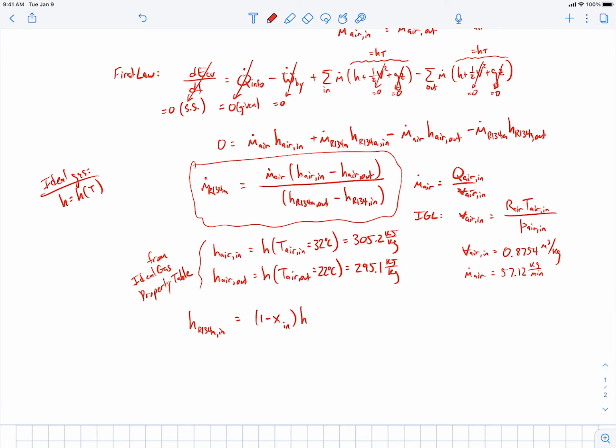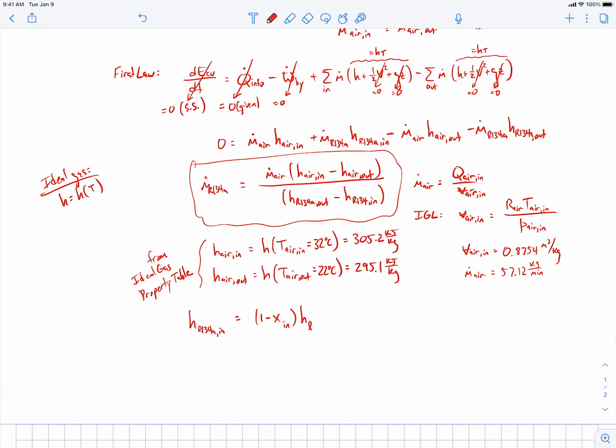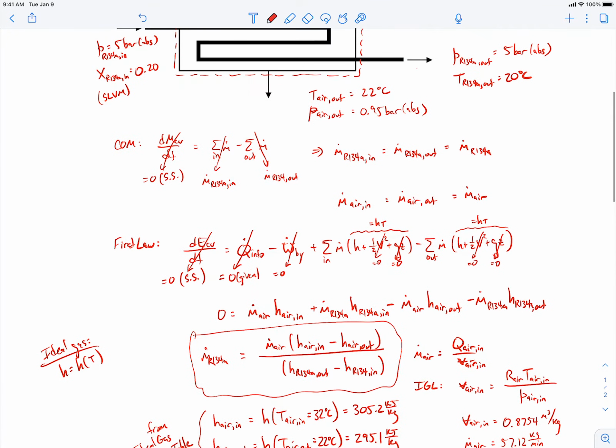That times the specific enthalpy of the saturated liquid at the inlet, plus the quality at the inlet times the specific enthalpy for the saturated vapor at the inlet. And again, these quantities will come from the saturated liquid vapor mixture table for R134A at the inlet pressure of 5 bar.